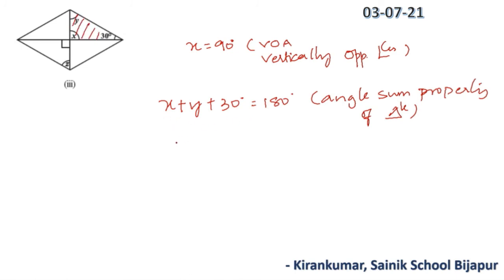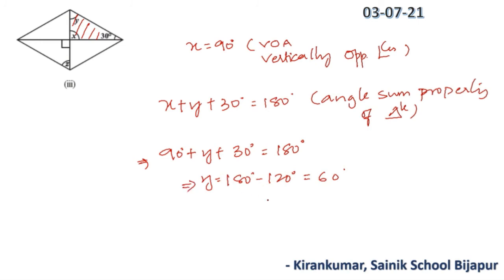So x is 90 plus y plus 30 degrees equal to 180 degrees. So y will be equal to 180 degrees minus 120 degrees, which is 60 degrees. So we have found the value of y.